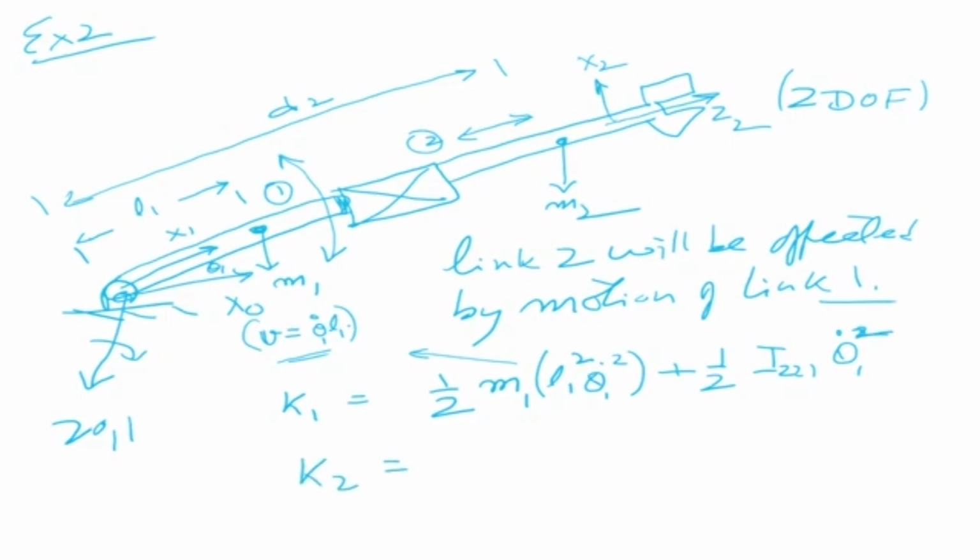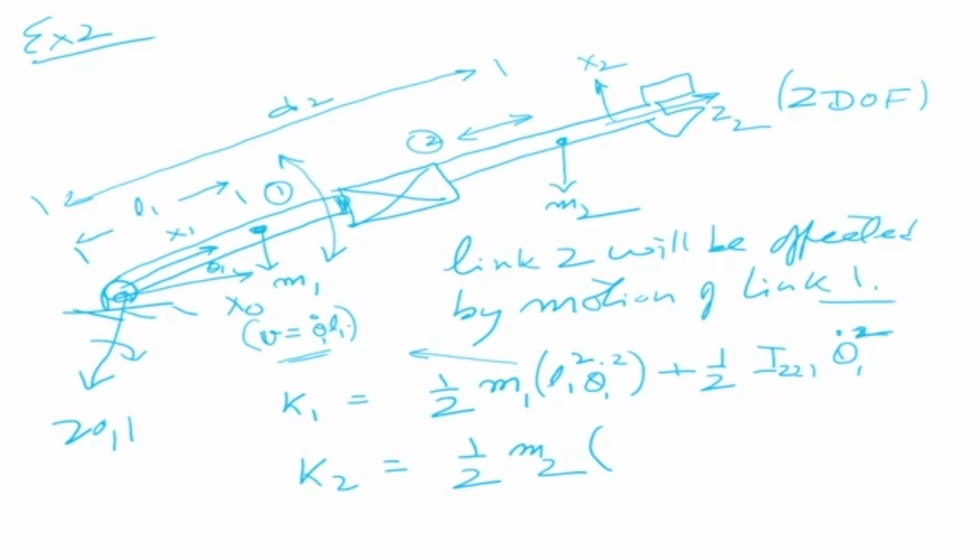K2 is for link 2. This is something we need to be careful about. M2 is the mass of the second link. Now the second link is going to have one velocity, a linear velocity, plus it will have the rotating velocity of the previous link. So it will be subjected to two velocities, one of which is linear, the other is rotating. Because of the rotation, it will also end up with a linear velocity. So because of the rotation of link 1, link 2 is subjected to a velocity, plus it has its own velocity.